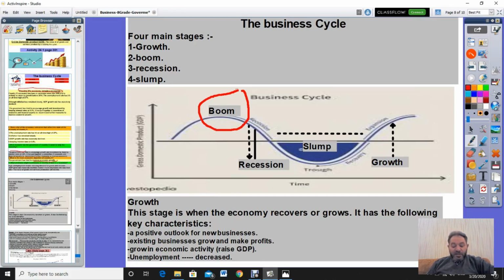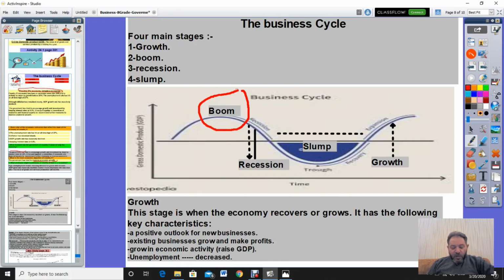The first one, business investment and profits are at their highest level. Second, most sectors of the economy are performing at their best. High levels of demand for goods and services cause prices to rise, which is inflation. There are very low unemployment rates, and people have better jobs to choose from.